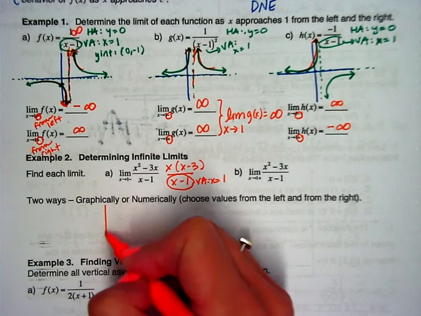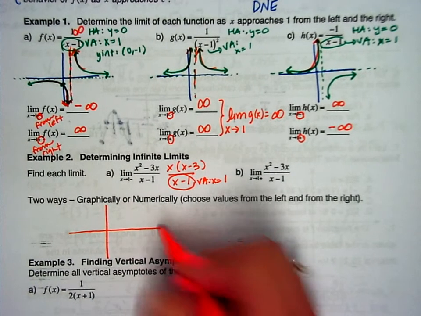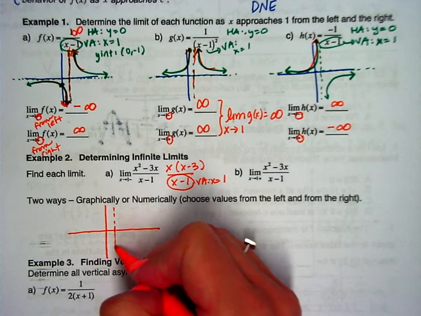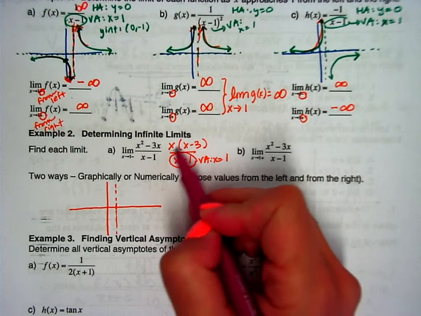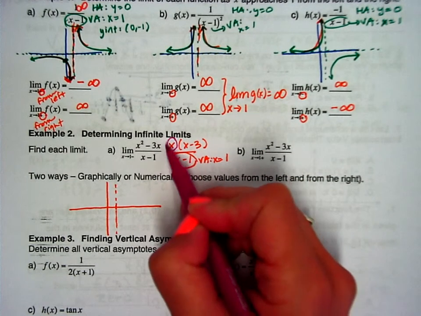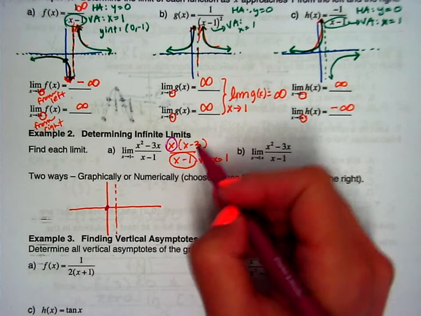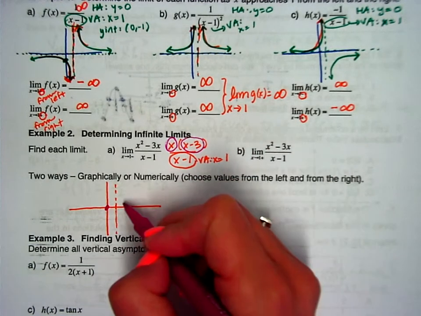So let's do a graph here. This guy does have some x-intercepts. Where are my x-intercepts? Well, right here, this would give me an x-intercept at 0 from this first one. And I'd get an x-intercept at 3.